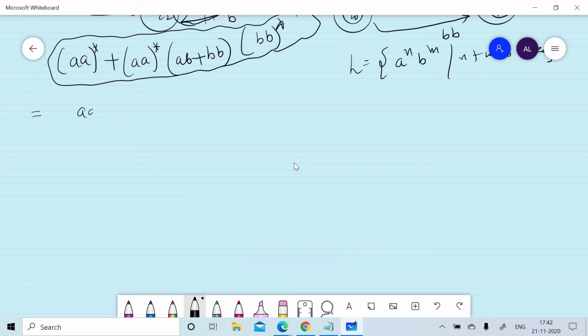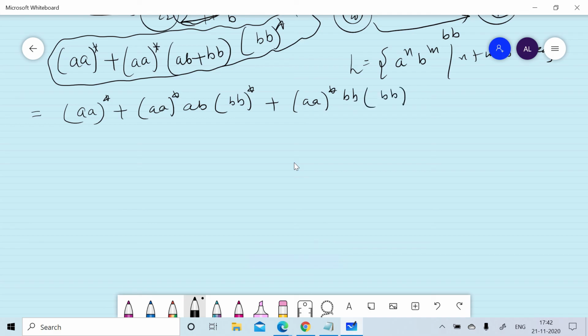So it will be equal to (aa)* ab (bb)* plus (aa)*(bb)*. Now we can take common factors from these two.